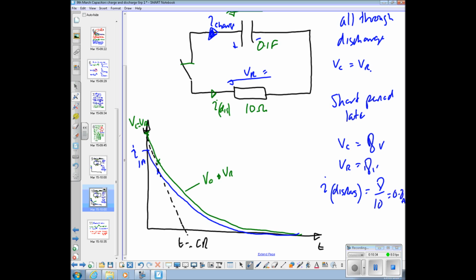So if we made the discharge current stay at 1 amp, we would get to 0 volts after one time constant. So the other one was if we carry on putting 1 amp in, we'll hit the 10 volts after one time constant. If we just carry on with the discharge current of 1 amp, we'll end up with 0 volts after one time constant.